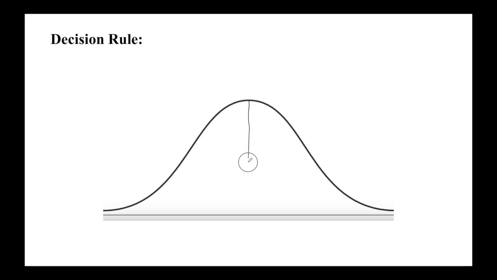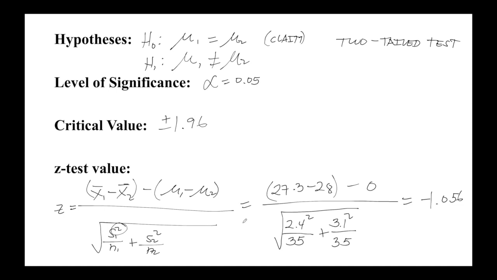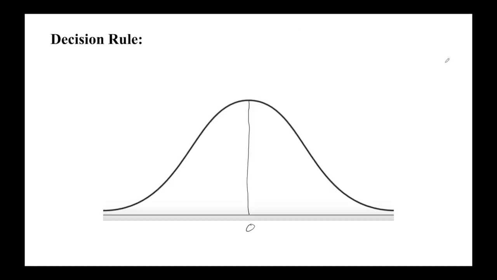So, negative 1.056. Let's try to have our decision rule and of course the graph here. Just like before, ayan, medyo diretso na. So, 0. And the critical value, let's go back here. Our critical value is positive negative 1.96 because this is a two-tailed test. So, positive negative 1.96, let's assume this is the positive 1.96, and this is negative 1.96.